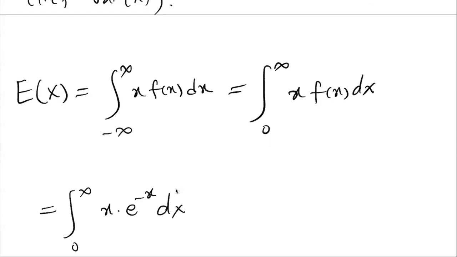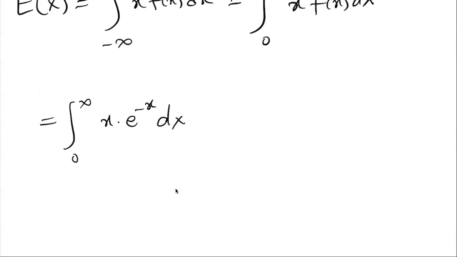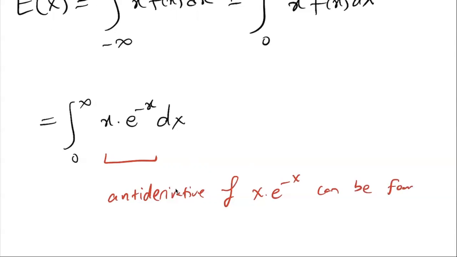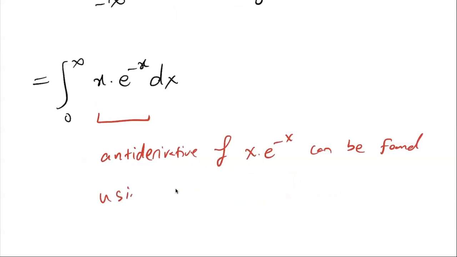Now I need an antiderivative for x e to the minus x. How do I find it? The antiderivative of x e to the minus x can be found using integration by parts. Integration by parts can help me find it.